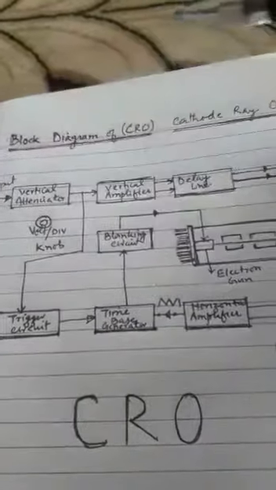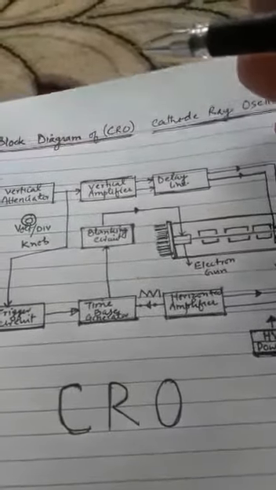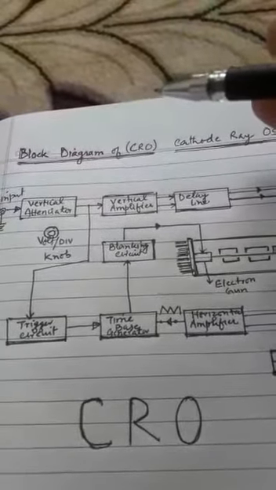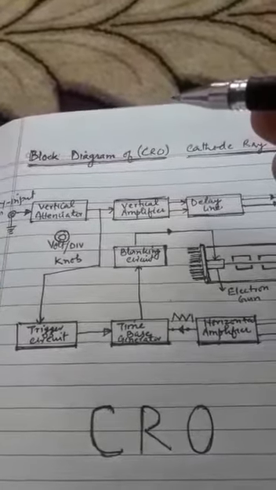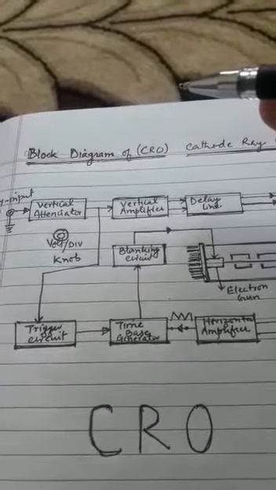The CRO is simply an electronic instrument used to measure electrical voltage signals with time varying.